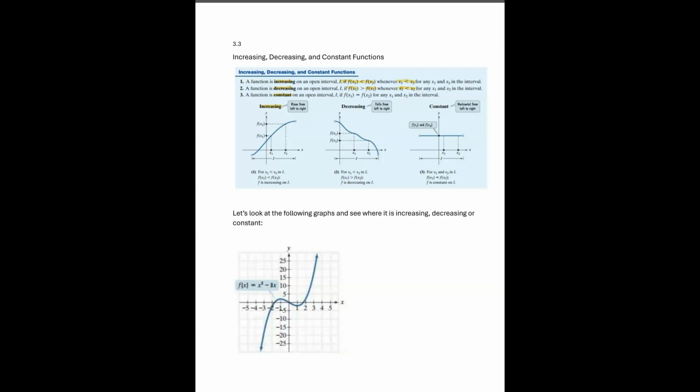There's no change, no slope. There's no rise over run. It's just the same, right? Okay. So that's constant. Here's our decreasing. Here's our constant. You can kind of think of it like a roller coaster, right? So when it's going up toward its peak, that's the increase. After it's peaked and it's going down and everybody's screaming, that's the decrease, okay?